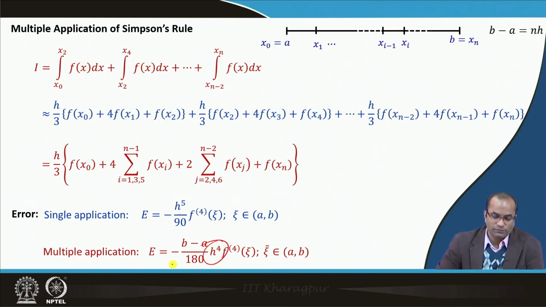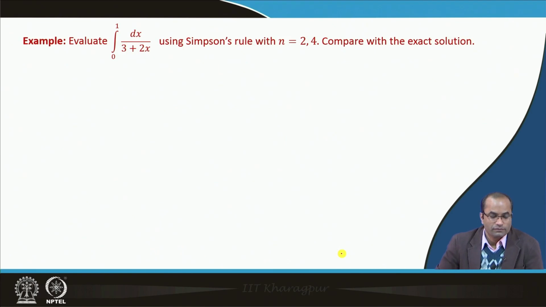So, as we see from the error itself, now we have h to the power 4 terms, whereas in the trapezoidal rule we have the h square term. So, naturally this error will be small for small h, which is expected, because here we have now approximated with a higher degree polynomial.